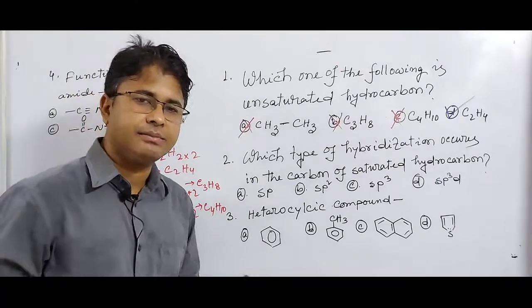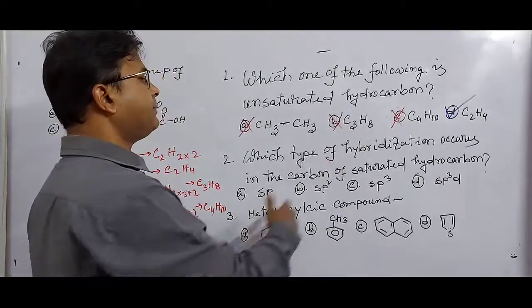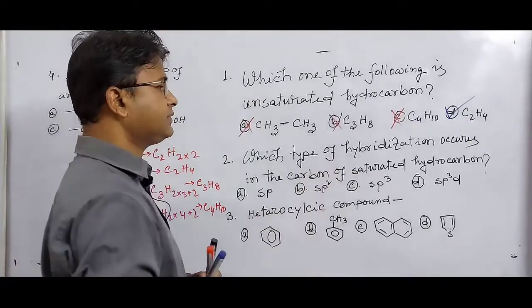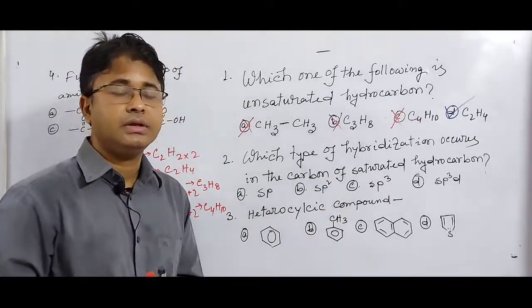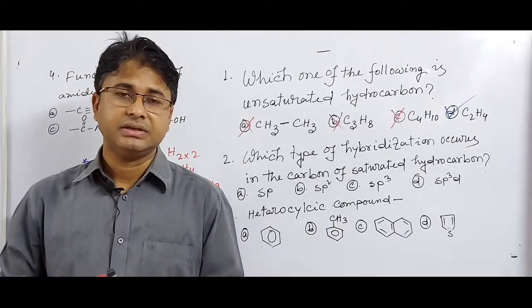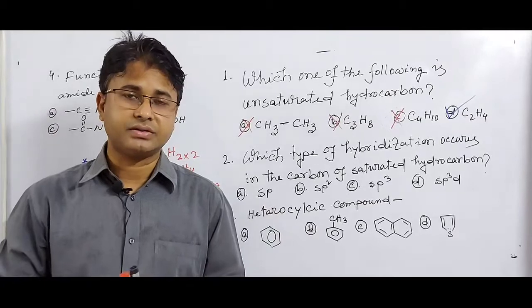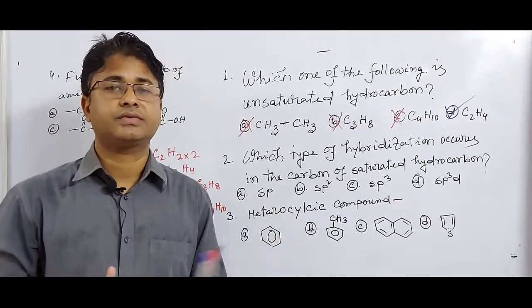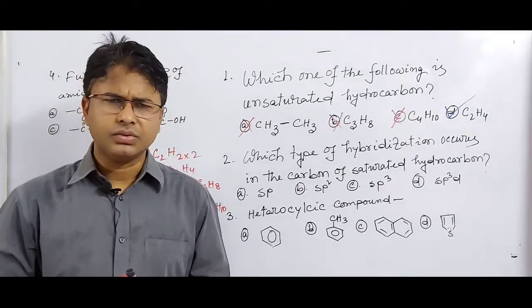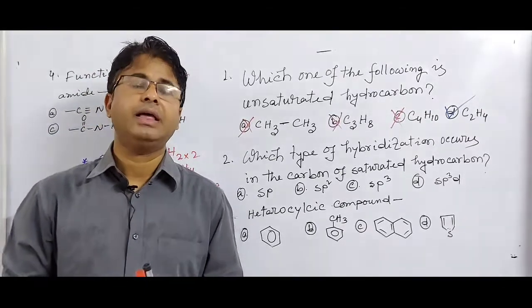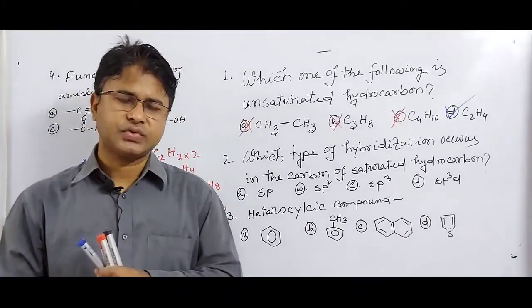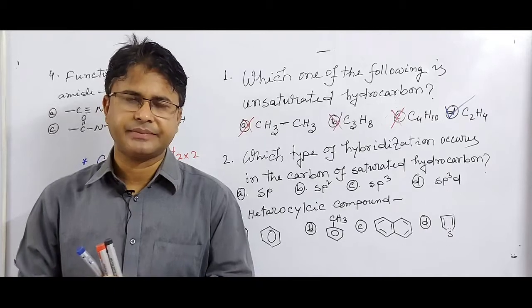Now question number 2. Which type of hybridization occurs in the carbon of saturated hydrocarbon? Dear students, you know that hybridization takes part differently in different atoms in different hydrocarbons. Normally, we know that in case of a carbon-carbon single bond, sp3 hybridization takes part.